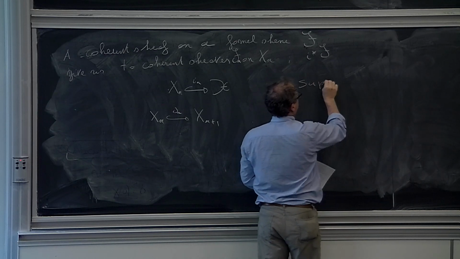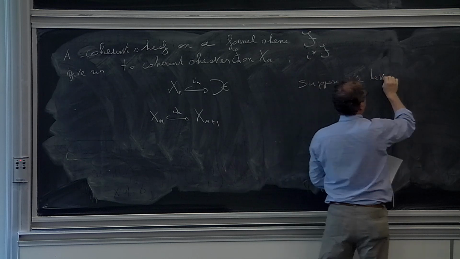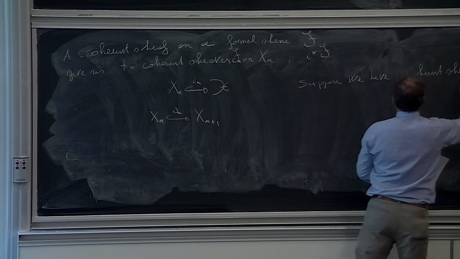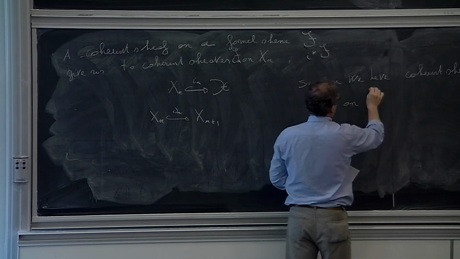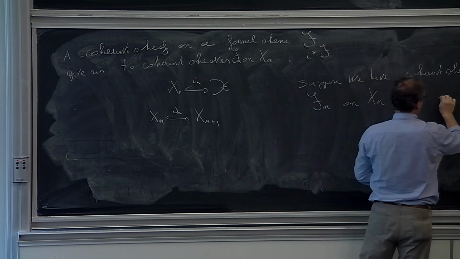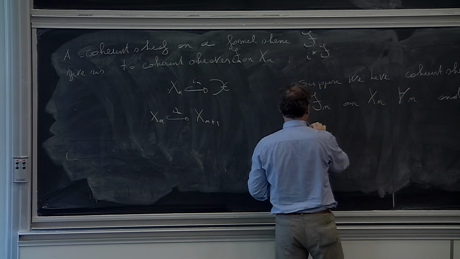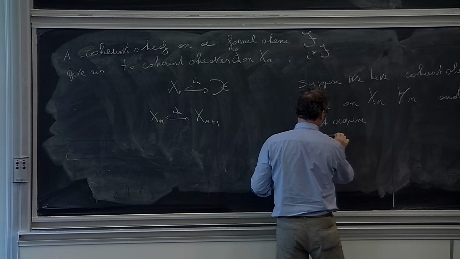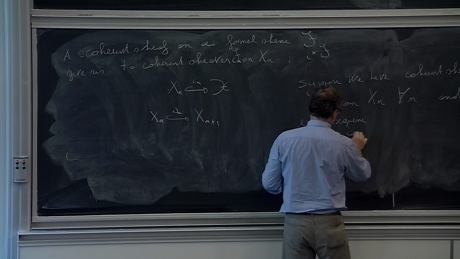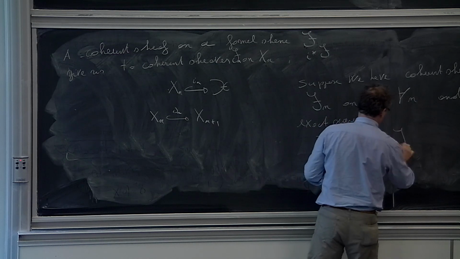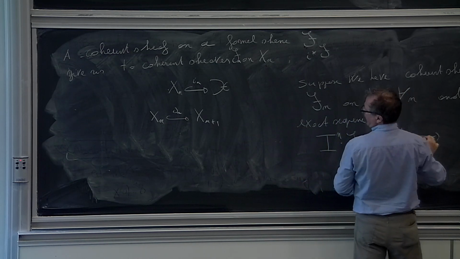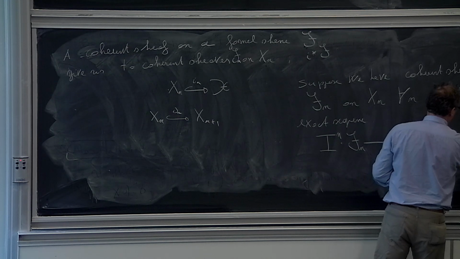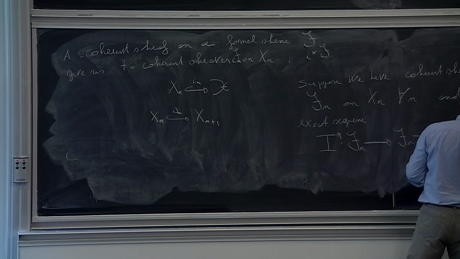Suppose we have a coherent sheaf Fn on Xn for every n, and exact sequence Fn to Jn minus 1 lower star of Fn minus 1.